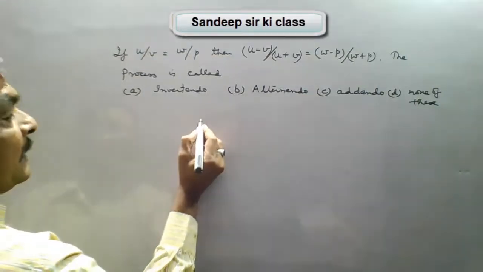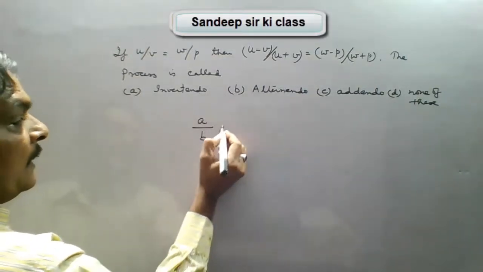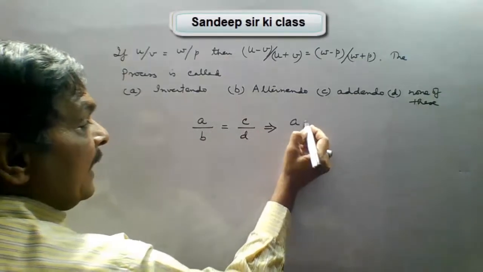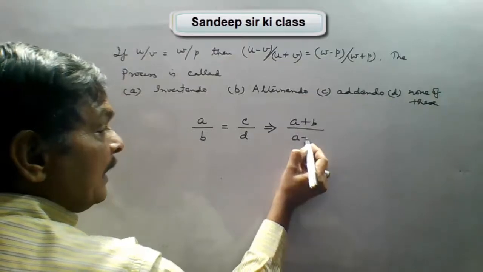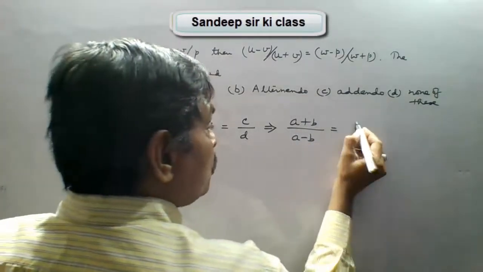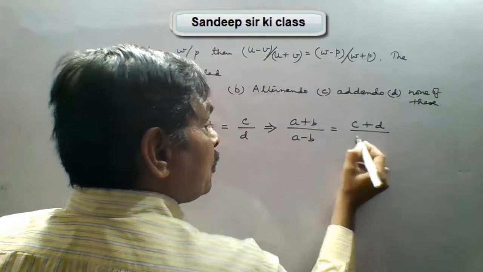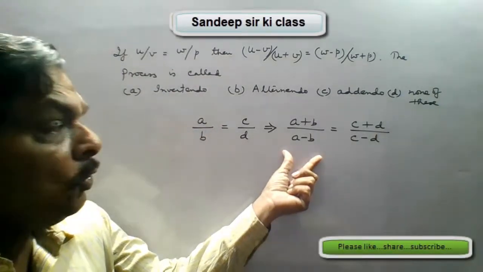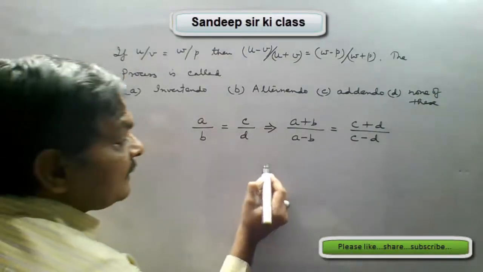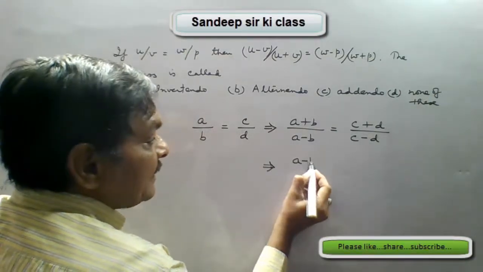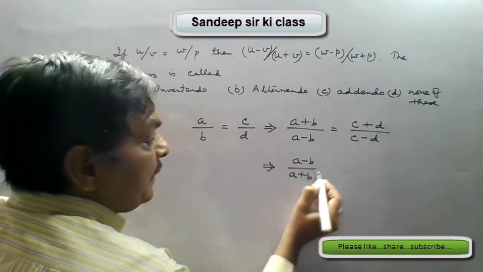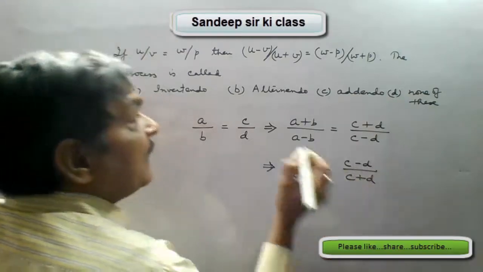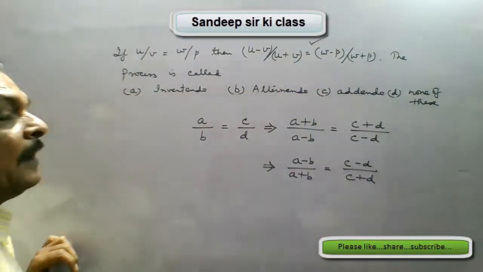Now we know that if A upon B equal to C upon D, then this implies A plus B upon A minus B equal to C plus D upon C minus D. Now if we take invertendo both the sides, then we get A minus B upon A plus B equal to C minus D upon C plus D, and this is what we have been given.